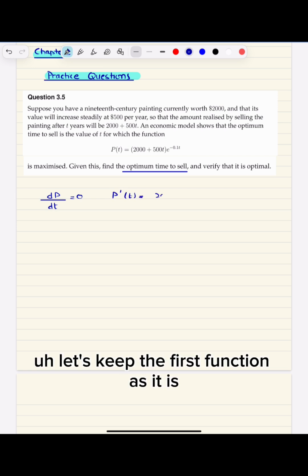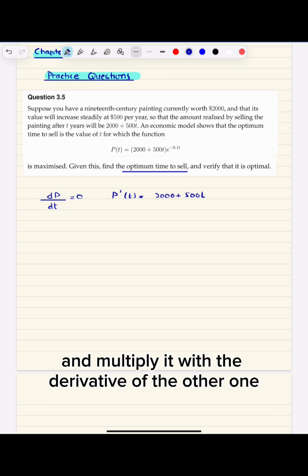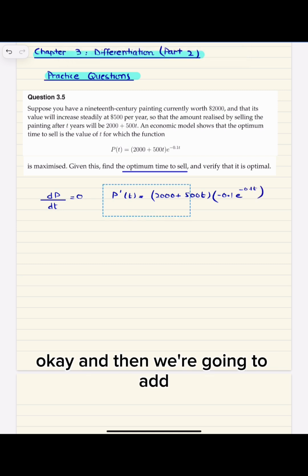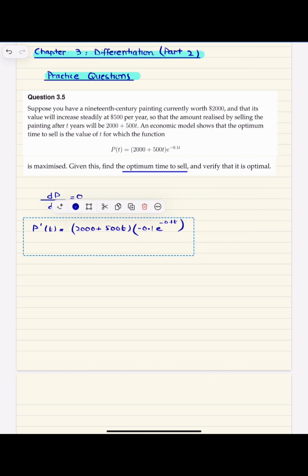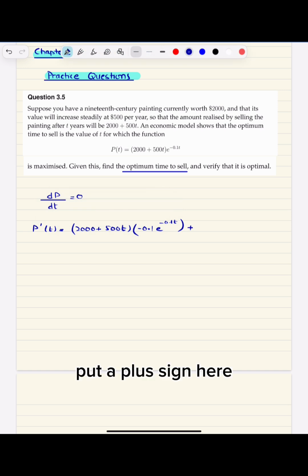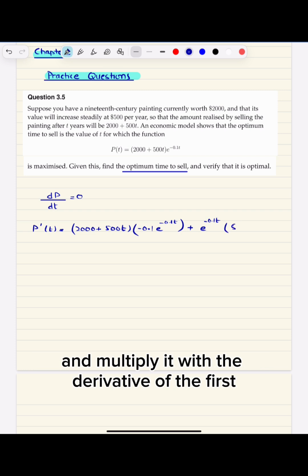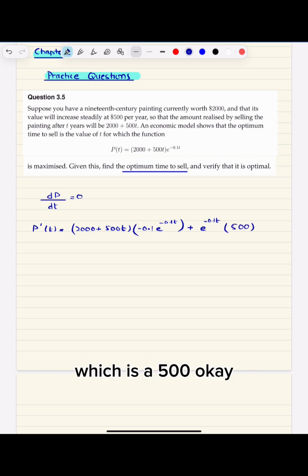Let's keep the first function as it is and multiply it with the derivative of the other one. So the derivative is minus 0.1 into e to the minus 0.1T. Then we're going to add, put a plus sign here, keep the second function of T as it is and multiply it with the derivative of the first, which is 500.